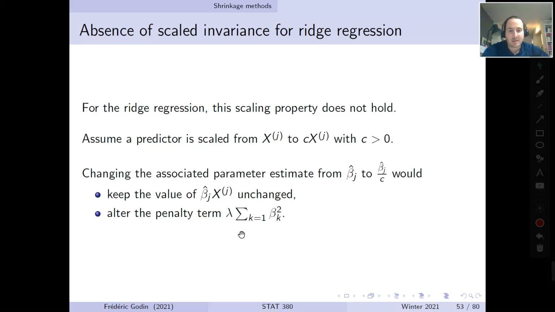However, the penalty term, which depends on the summation of squared betas, would change in that case when you replace the original slope by the new slope.